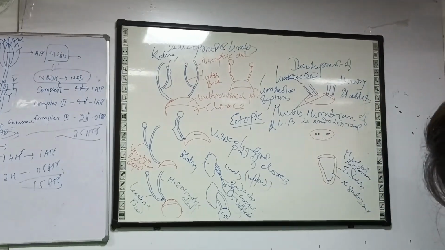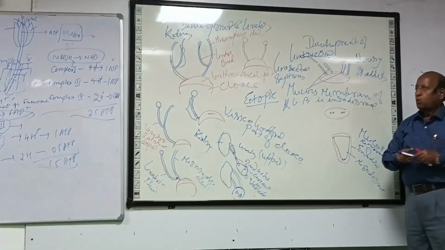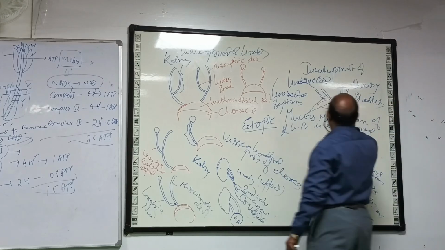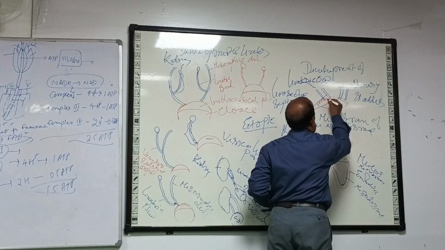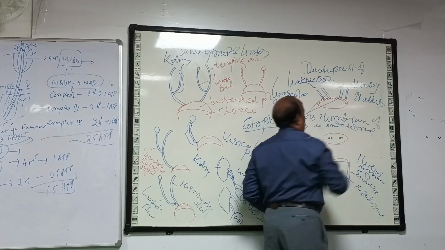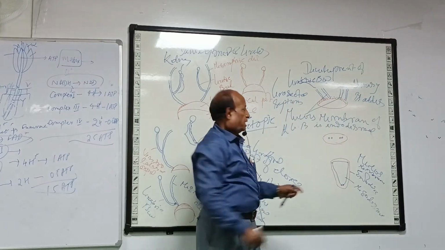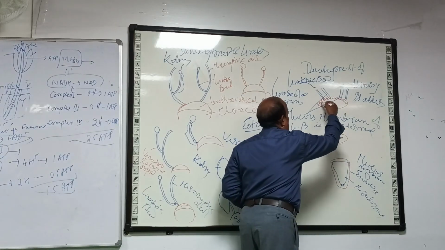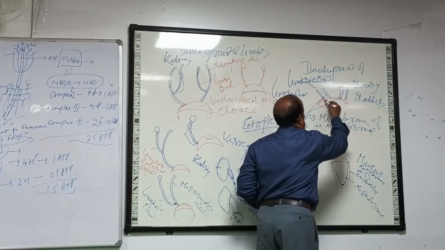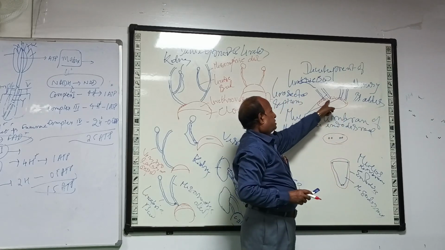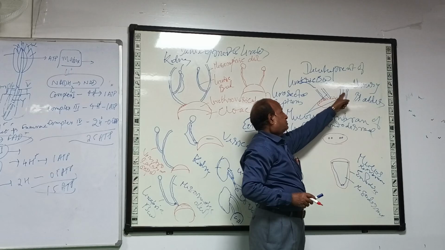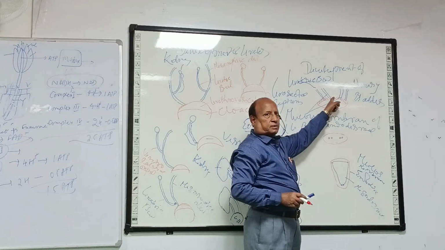So these are also mesodermal. So all together there are four tubes opening into the vaginal part of the urogenital sinus. This whole part is the urogenital sinus, and this part is only the vaginal part of the urogenital sinus. So all the four tubes are opening here.